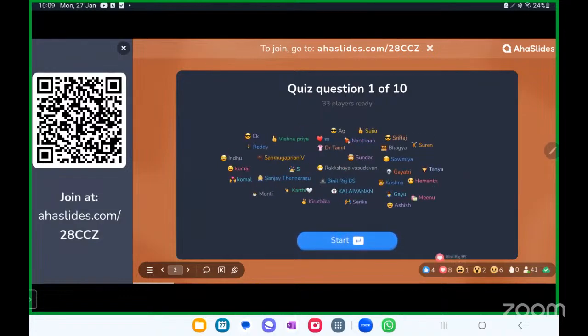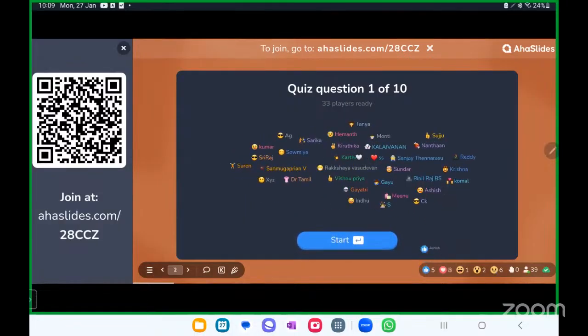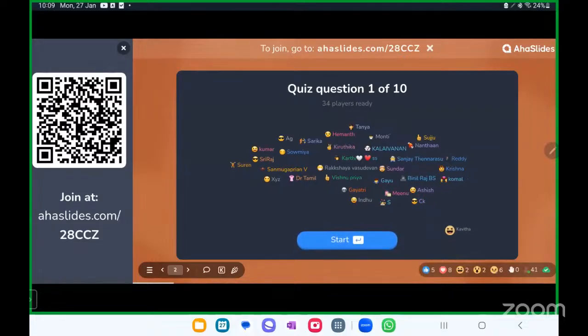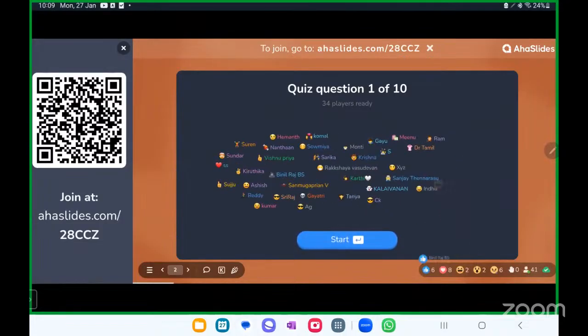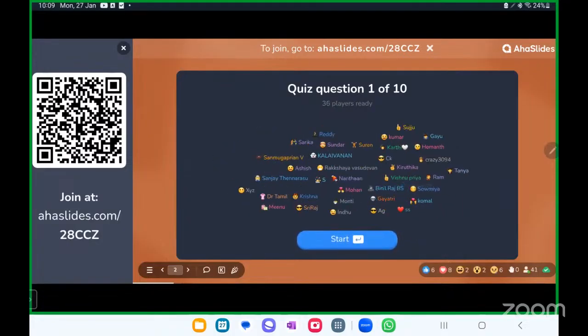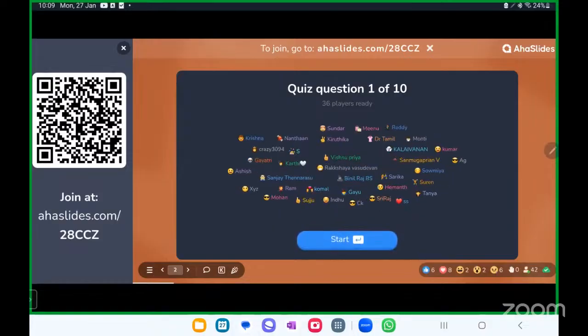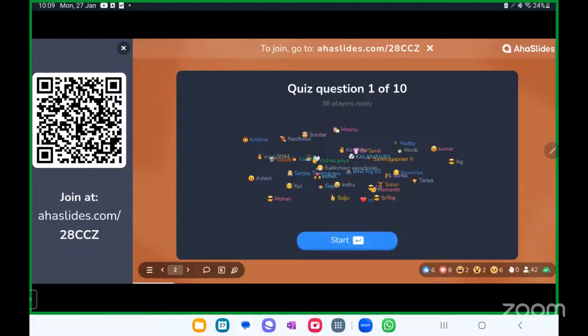Okay, 1 more minute to go and we'll be starting the quiz soon. I can see many names of the players who have repeatedly participated, especially Vishnu Priya, Hemant, Karthik, Sriraj, but I guess many are participating for the first time.